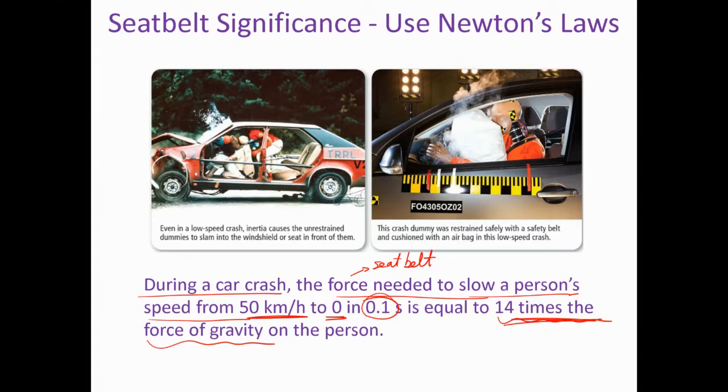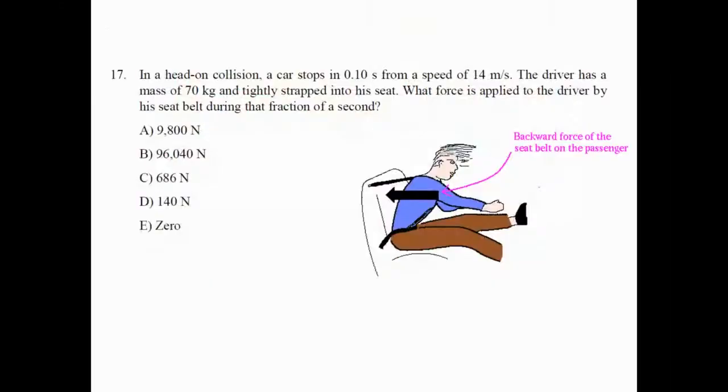Let's try to calculate it using some numbers. In a head-on collision, a car stops in 0.1 second. So this is the time, 0.1 second. The car stops, meaning its final speed is zero, from a speed of 14 meters per second. So this was the initial speed of the car.